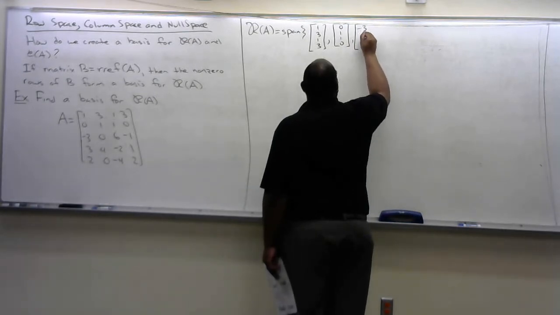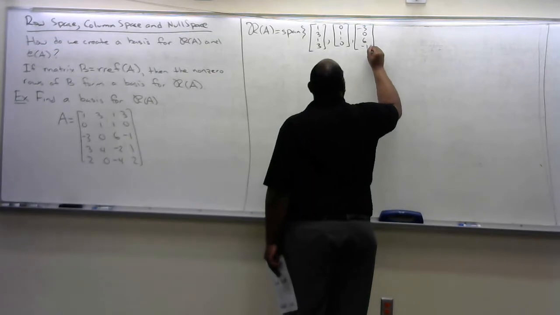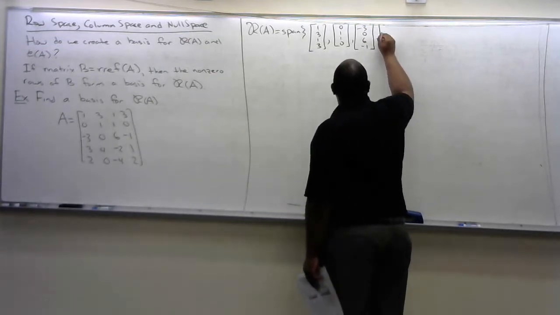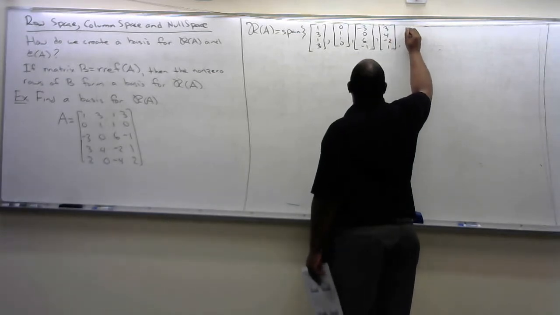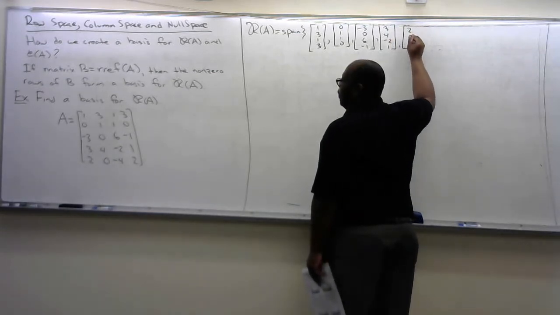Here's 3, 4, negative 2, and 1, and then my last one is 2, 0, negative 4, and 2.